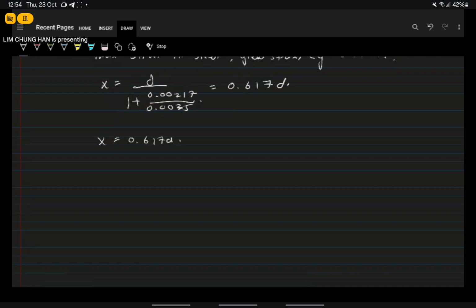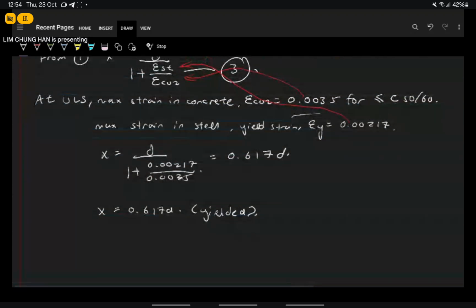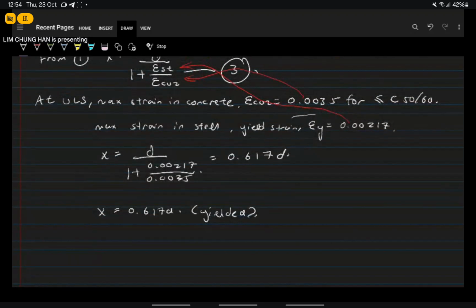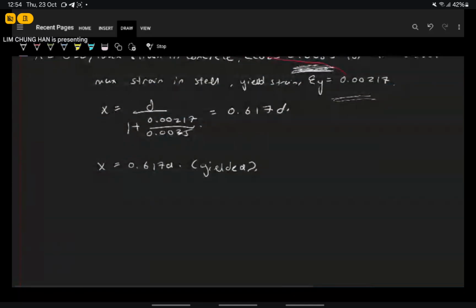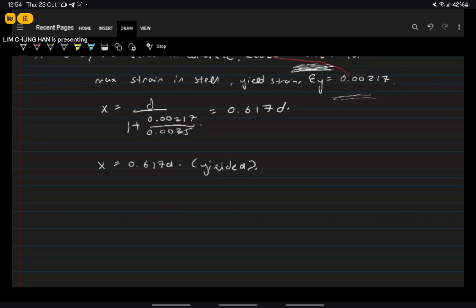This is when the section has yielded. The maximum strain in concrete is this, and I use the yield strain in steel. Calculating it, I get 0.617. This is x at failure.